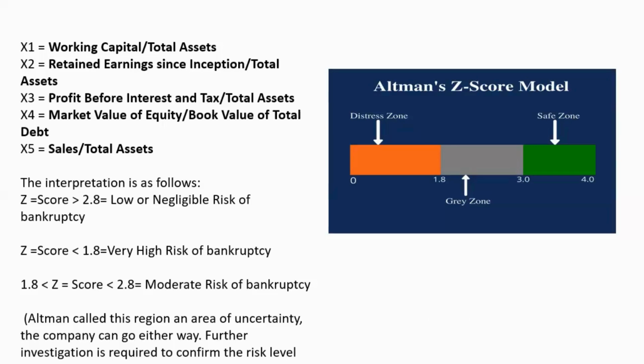And after that, we interpret the final value to see if the company is in the distress zone, the gray zone, or the safe zone. If the company is in the gray zone, then it is uncertain. It could go either way, safe zone or distress zone. If you want to be more accurate about that, then we should dig deeper.